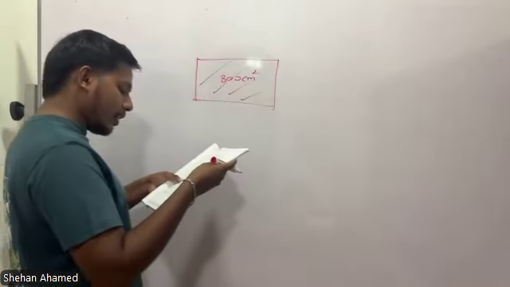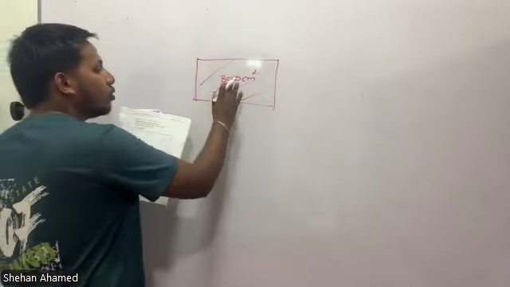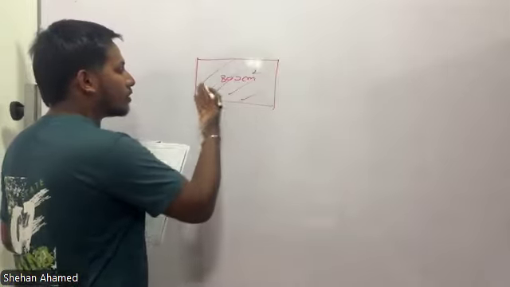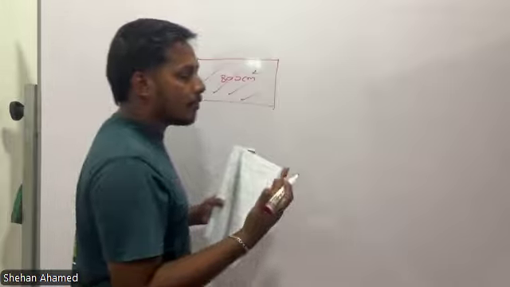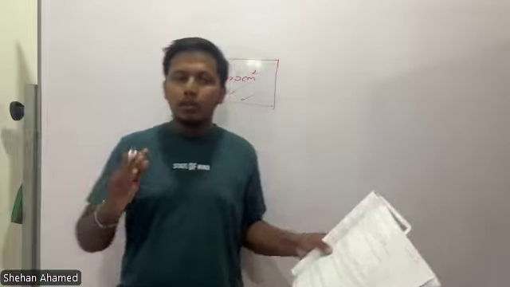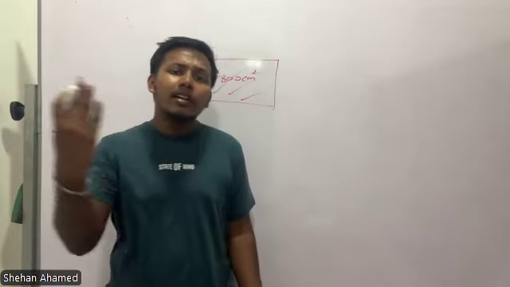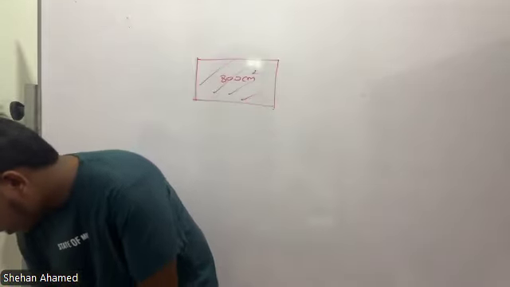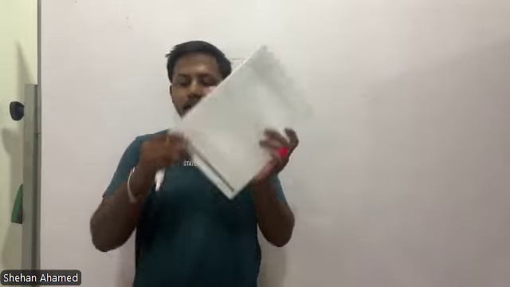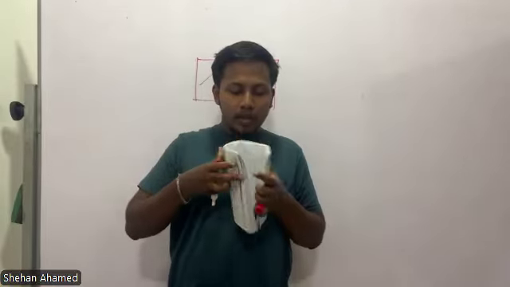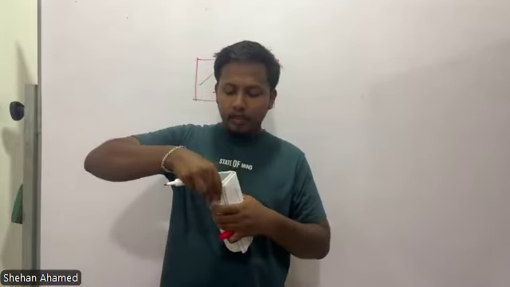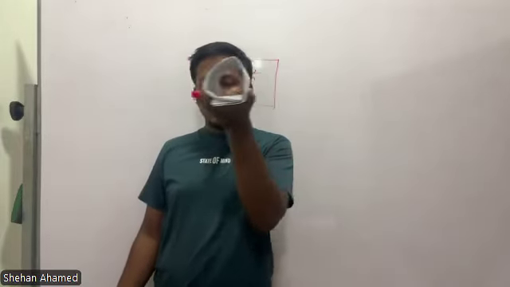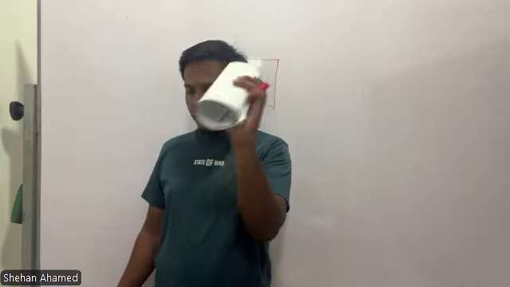Since it's 800 centimeters square, this is used to paste the curved surface of a cylinder. In the beginning, I think in question number 2, I told you the curved surface is a rectangle, right? Again, I'm telling you, this is a rectangle. I'm going to curve it. If I curve it, what does this become?